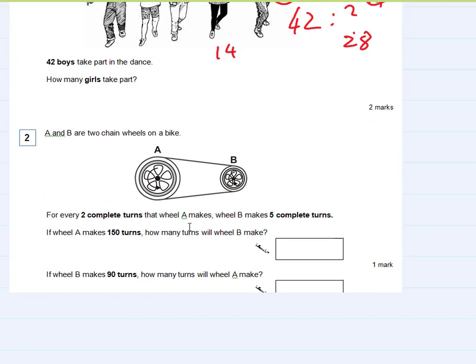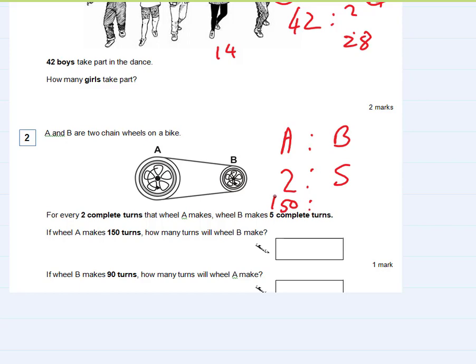A and B are 2 chain wheels on a bike. This is A and this is B, so this is how I do it. I say, right, A to B, and the question says, for every 2 complete turns that wheel A makes, wheel B makes 5. Okay, for every 2 that belongs to A, 5 belong to B. So then the question is, if wheel A makes 150 turns, so we write 150 there.